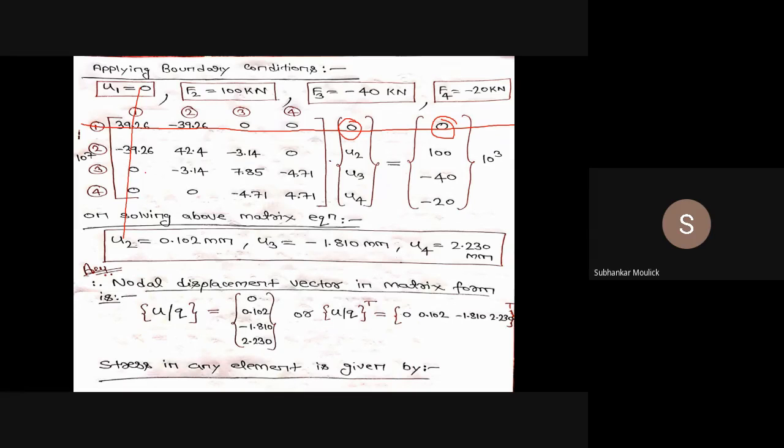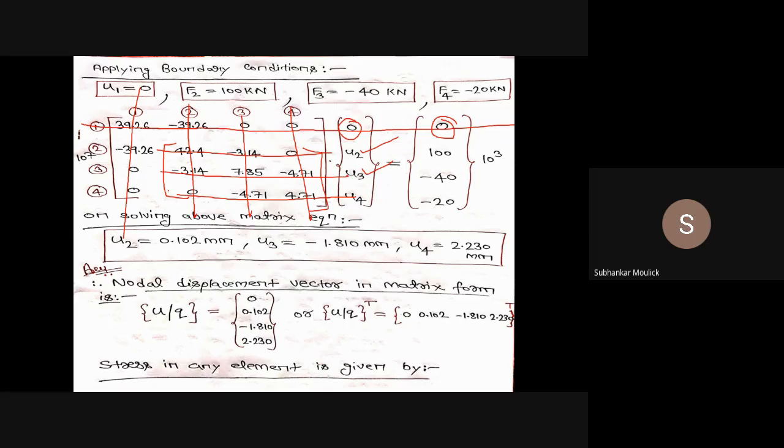Then the resulting matrix becomes this particular 3 by 3 matrix containing column 2, column 3, column 4 and row 2, row 3, row 4. Corresponding to row 2, at nodal point 2, displacement is u2. Corresponding to row 3, at nodal point 3, displacement is u3.